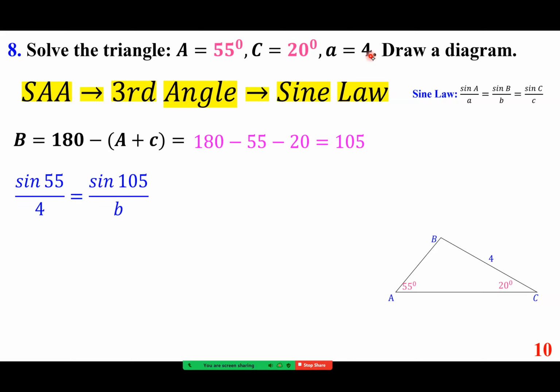So sine of 105, this one is 105, and this one is lowercase b. So b is the product of these two divided by sine of 55.